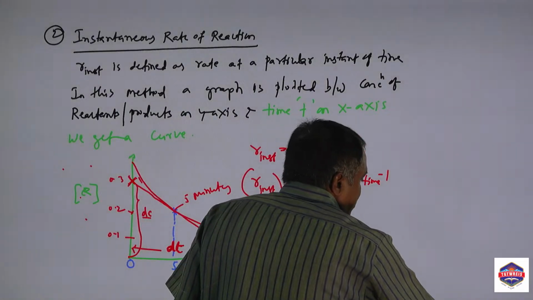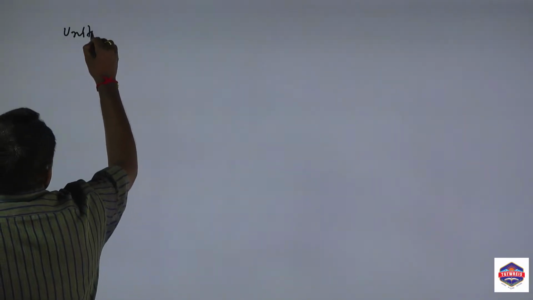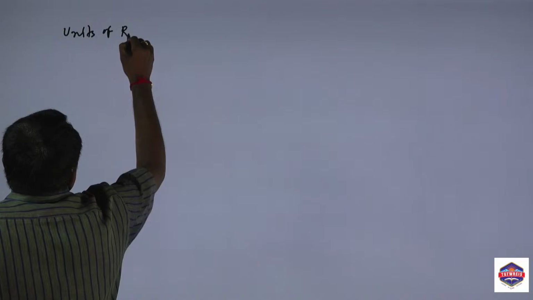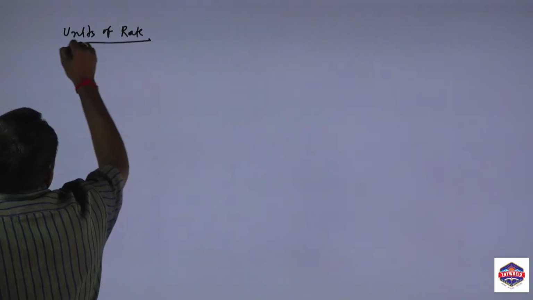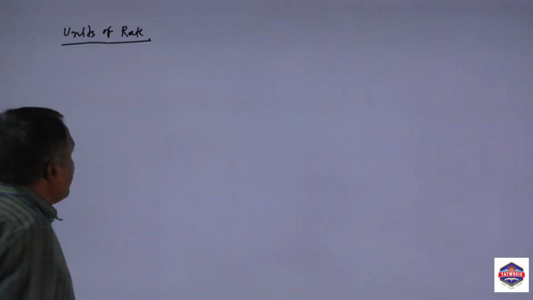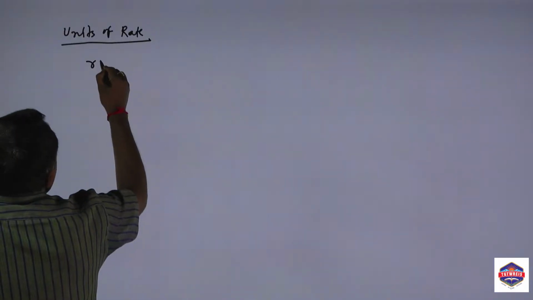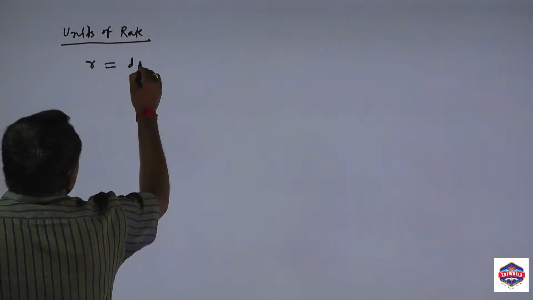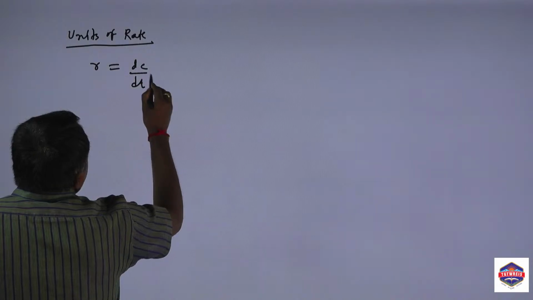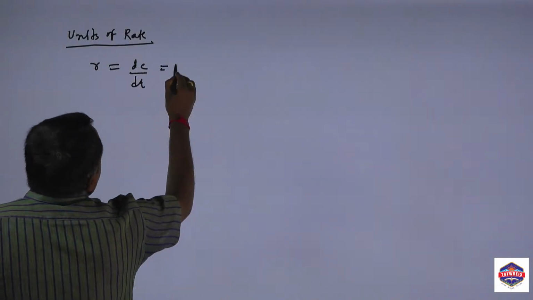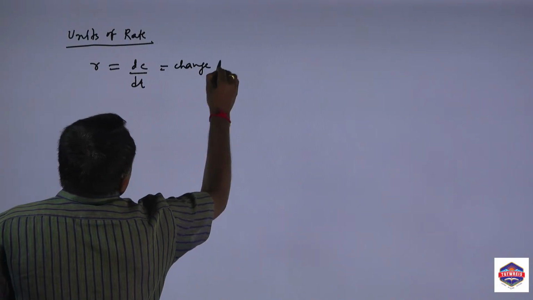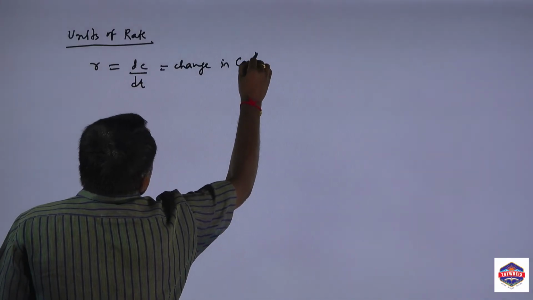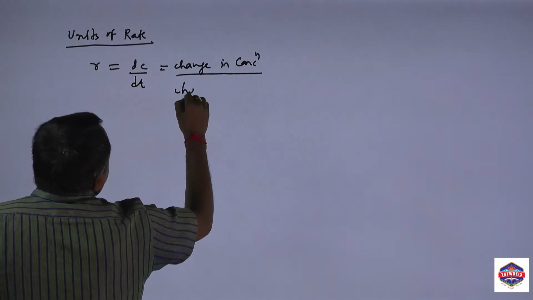And next, what are the units of rate? Rate is nothing but R equal to dc by dt. dc means change in concentration, and dt is change in time.